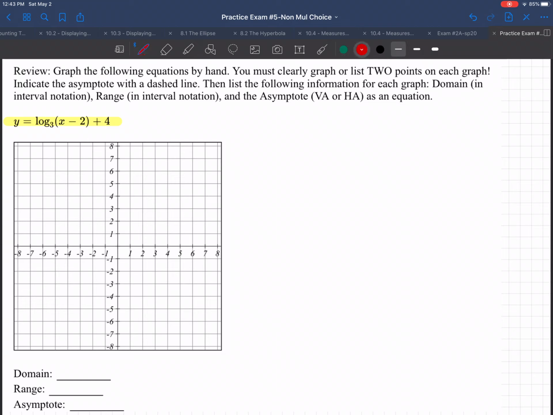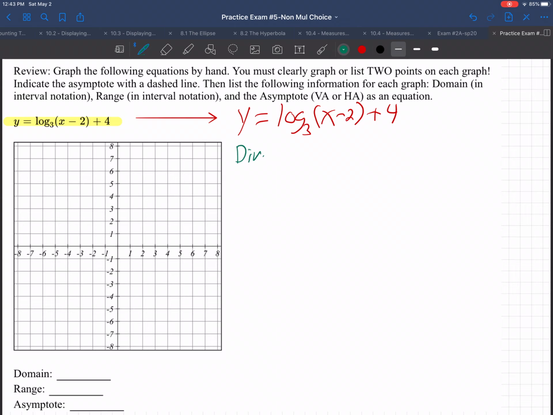How does that work? Let me give you the game plan right over here. So to graph a log, it's base 3 of x minus 2. So the first thing is to know, in general, what does a log graph look like?